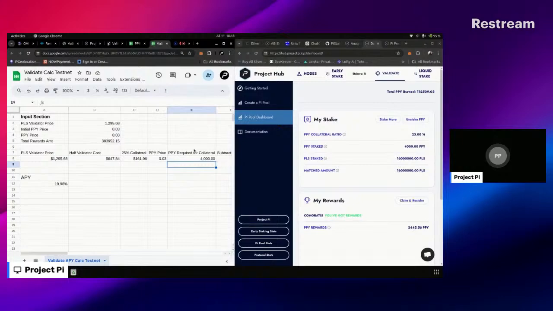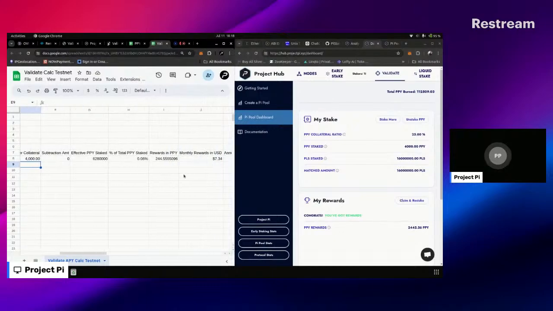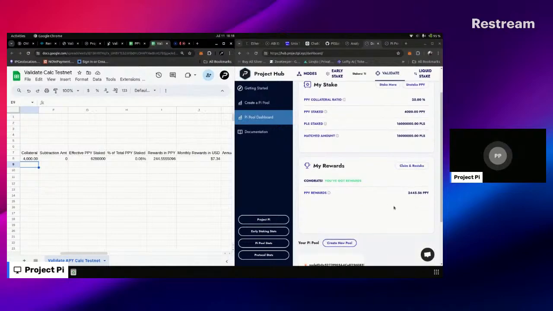Anything's possible. But let's say in this example, it does get to that amount. Well, just using the calculator, the amount of rewards was 244.5555. Here it's saying 2,445.56. There was something internal on my end that I did as far as a mistake, but the actual value was supposed to be 244.556. So this calculator indeed does work.